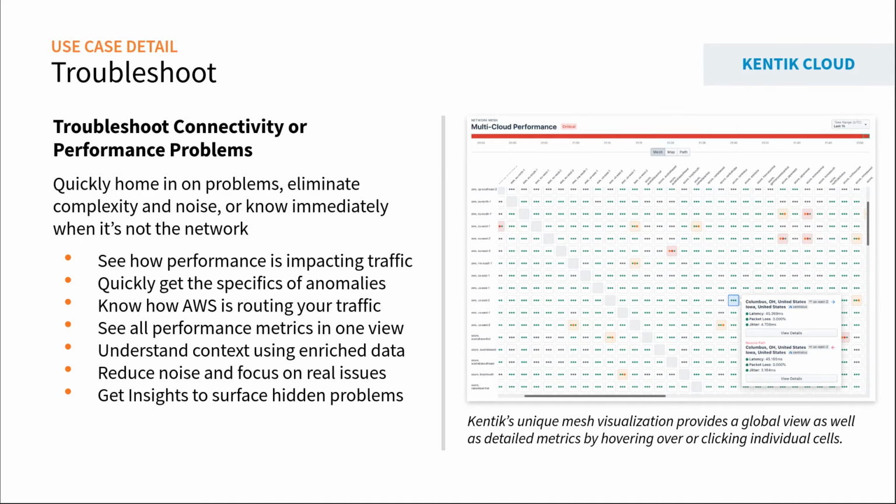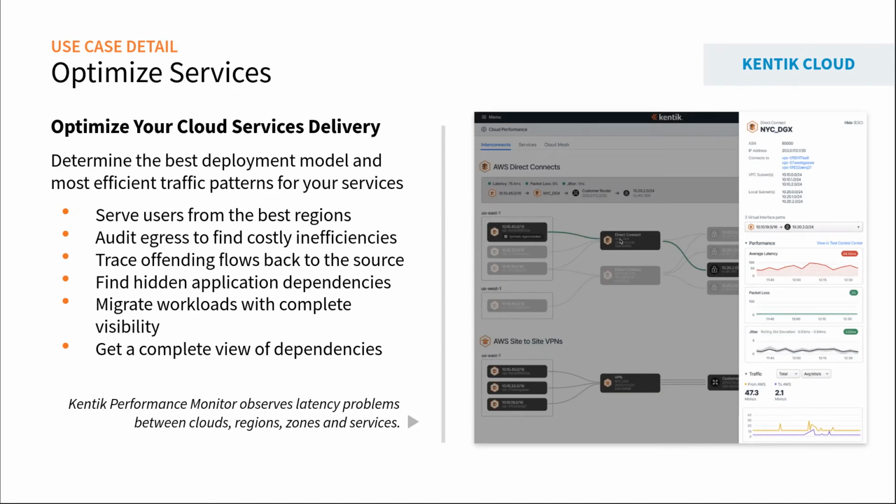And then as we move along, there we go, optimizing the services. So you've got the different paths that you can take. A lot of customers, when they first get things up and running, they're going across the public internet, and that has a performance characteristic. And oftentimes, as the backbone of the internet changes, you will see the packet loss, the latency, the jitter, the application response times change.